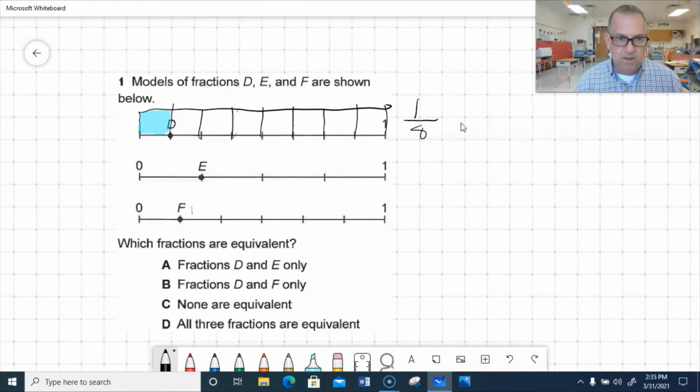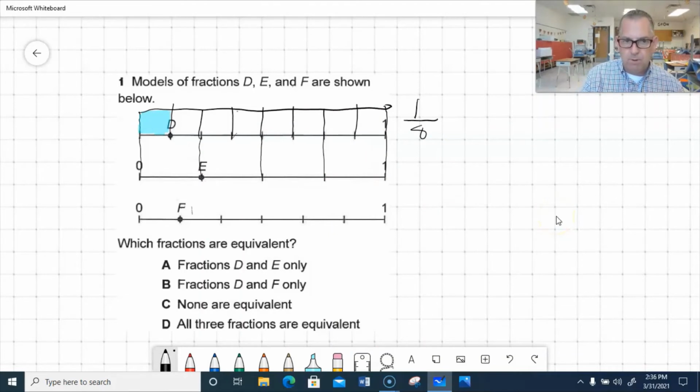What fraction does E represent? Okay, we'll do the same thing. We'll just go ahead and extend our strip all the way up to our other number line there. And it looks like that one is broken into 1, 2, 3, 4 equal parts.